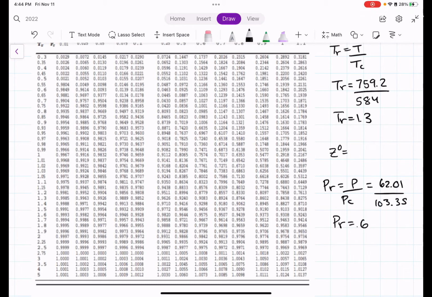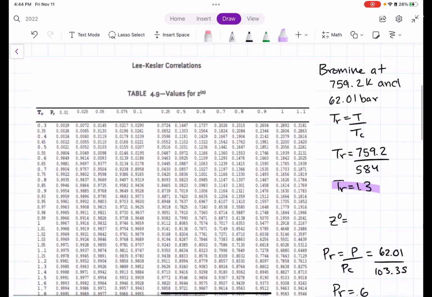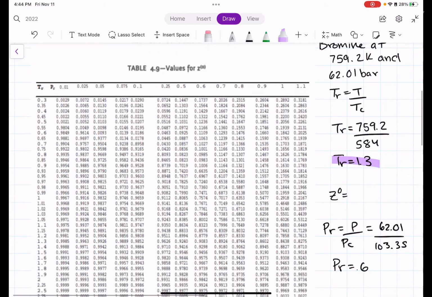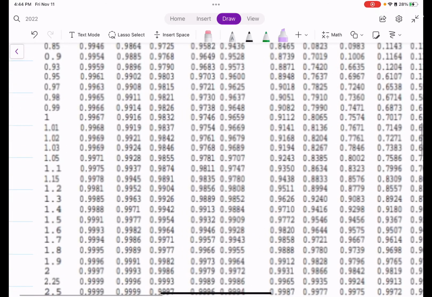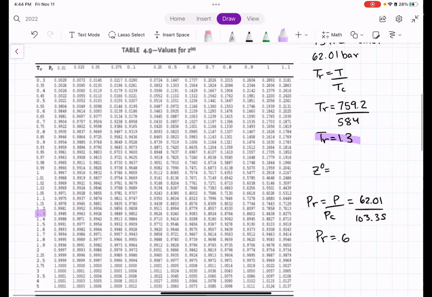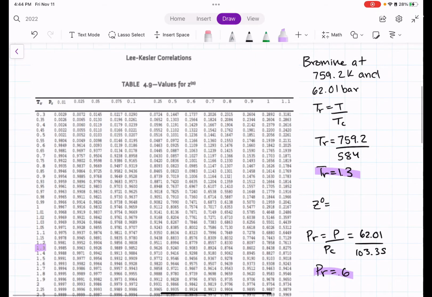So we have our TR of 1.3. We look at our Lee-Kesler correlations tables, values for Z naught. I'm going to locate where TR is equal to 1.3, which would be one right there. And then my PR is 0.6, so I'm going to match it up here.